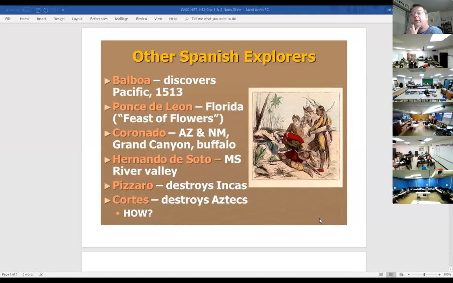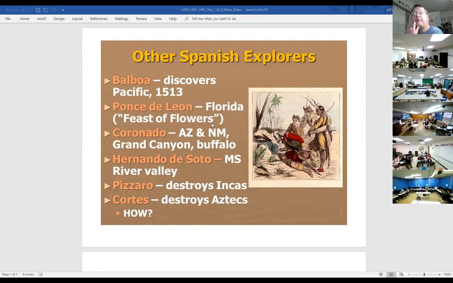Now, we want to focus a little bit more on the Spanish presence in North America. It started with Ponce de Leon, who was governor of Puerto Rico. But in 1513, he sails to Florida in search of gold. And you've probably heard, of course, also in search of the Fountain of Youth. He came to Florida, claimed it for Spain.